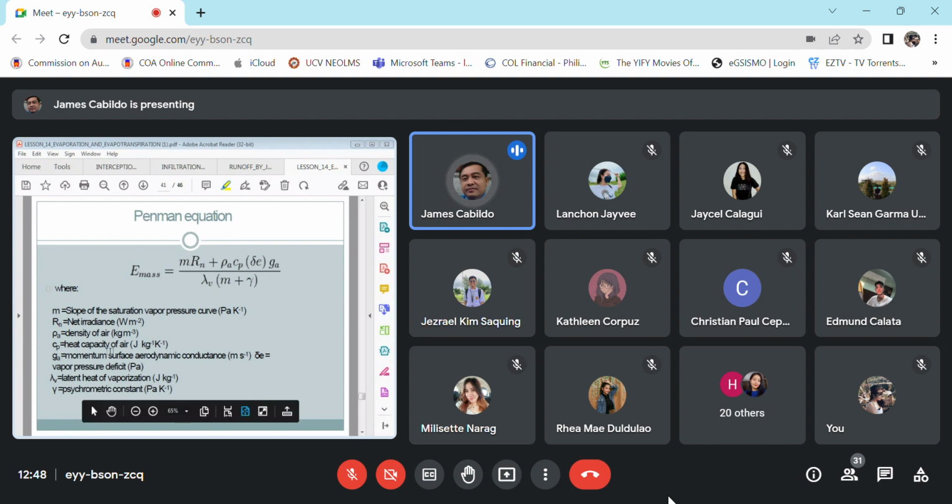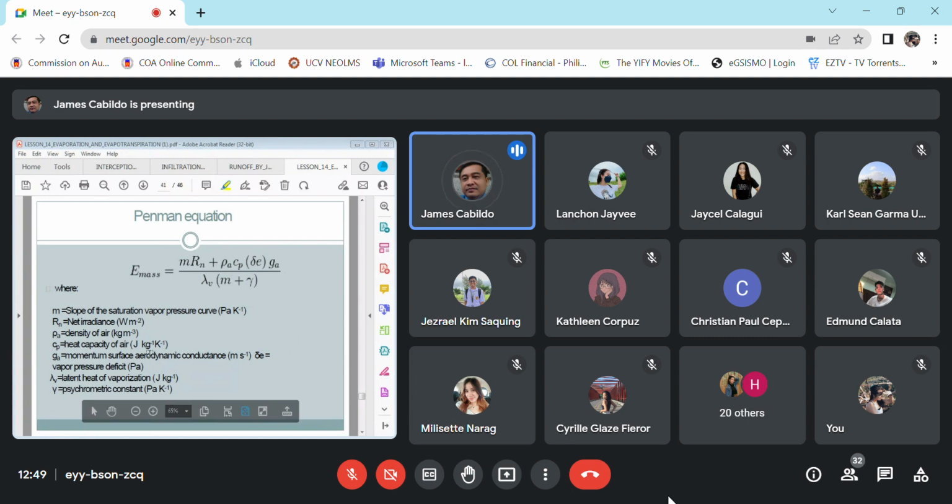So meron tayong temperature readings from the station, and then we can also determine the amount of evapotranspiration. So notice ang kailangan ay ito. So it's a summation of P sub H, which is the monthly annual daytime hours.